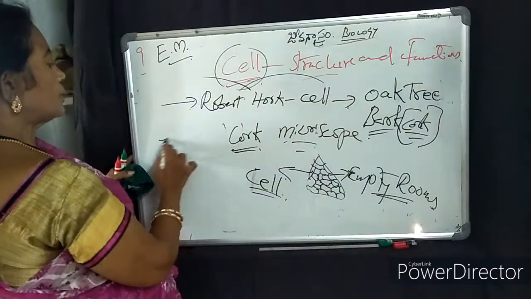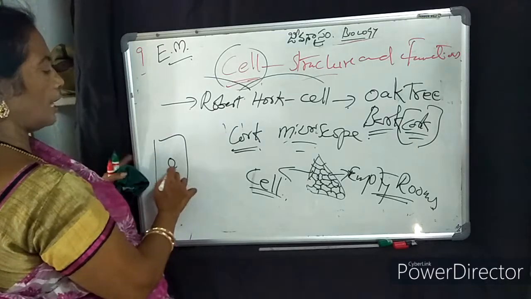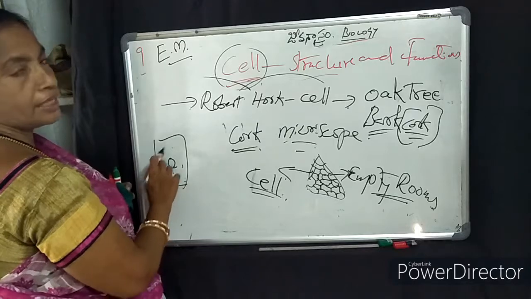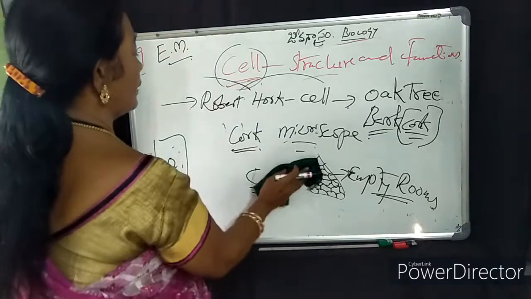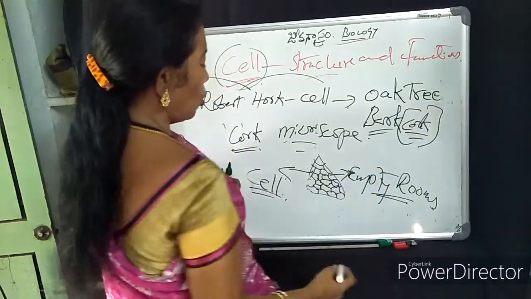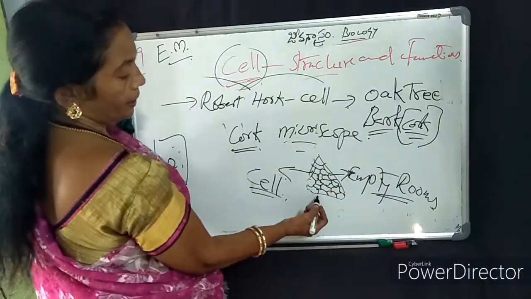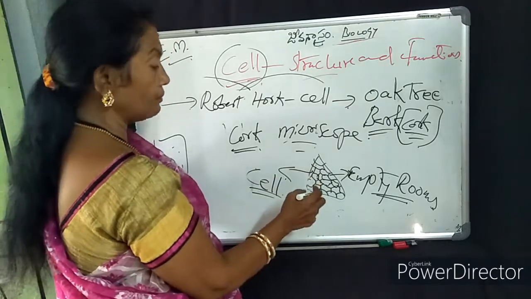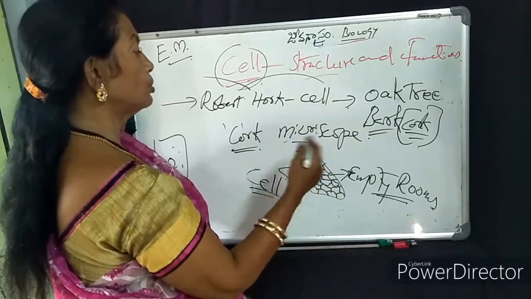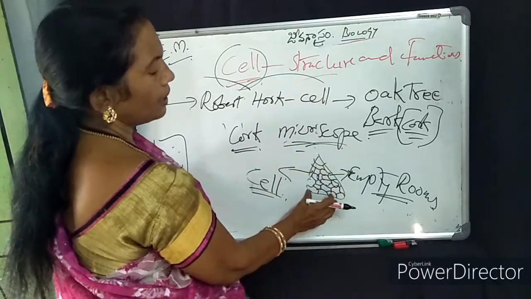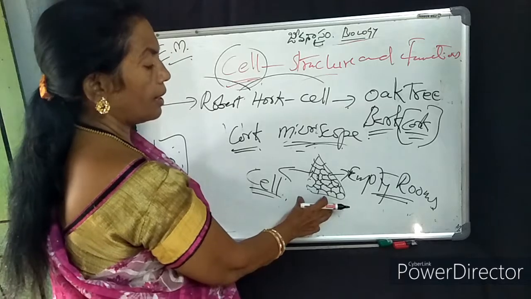If there is life in the cell, he might have observed nucleus and cytoplasm, etc. But he has taken the cork of the oak tree. He took this thin layer of the cork to the microscope and observed it.